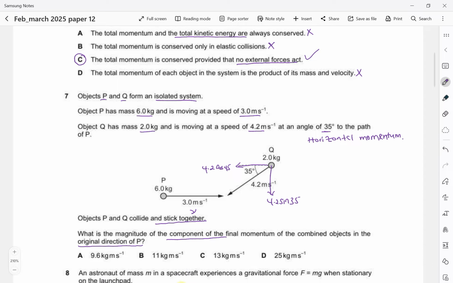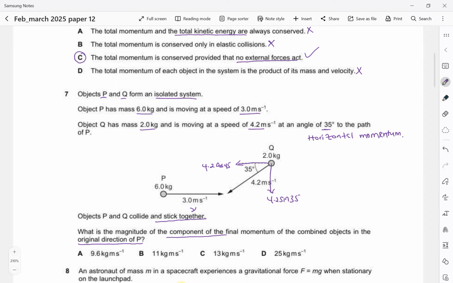Remember, momentum is mass times velocity. So total momentum before should be the same as total momentum after.